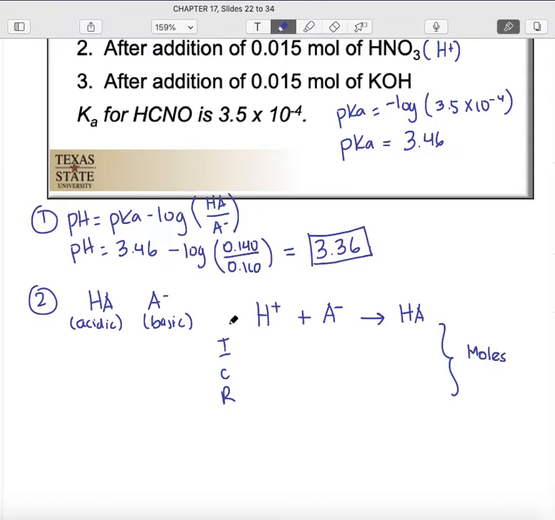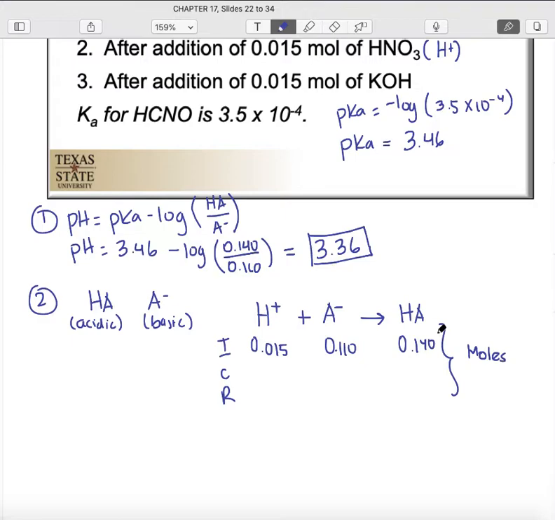All right, so for the H+, this is basically the number of moles of the nitric acid that we are adding, which is 0.015. Then here we're going to put the number of moles of the buffer components that we are starting with, and it was 0.110 for the basic component, and it was 0.140 for that weak acid.